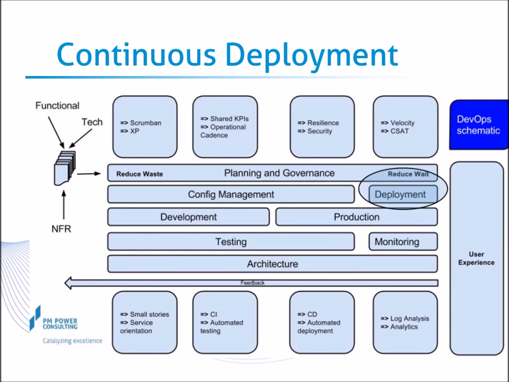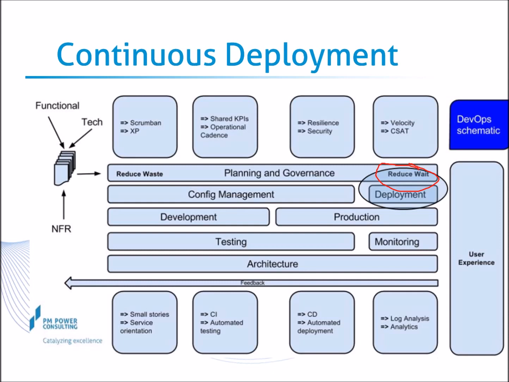Now that software is tested, we need to deploy. I want to make a subtle distinction between deployment and delivery. We'll talk about delivery as the next aspect. The deployment essentially is to reduce the wait for the developers or the development team to get into a production environment.